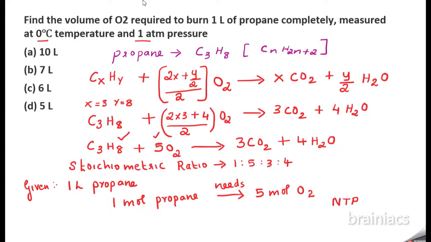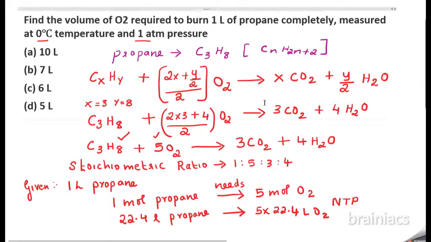STP means 273.15 Kelvin and 1 bar pressure, and NTP means 273.15 Kelvin and 1 atmospheric pressure. So both are almost the same. 1 mole of any gas at STP or NTP will occupy how much volume? 22.4 liter. So 22.4 liter propane needs 5 into 22.4 liter oxygen.